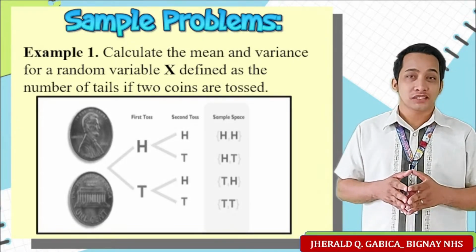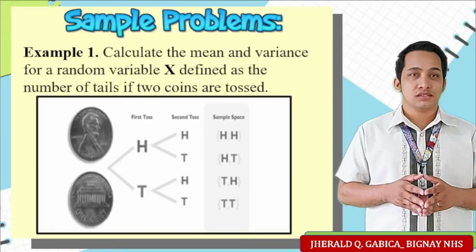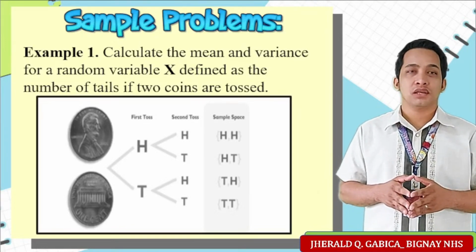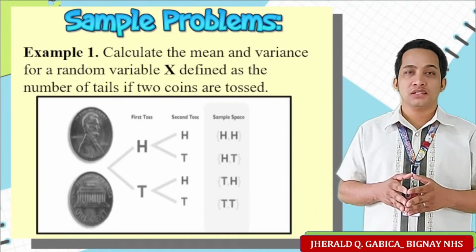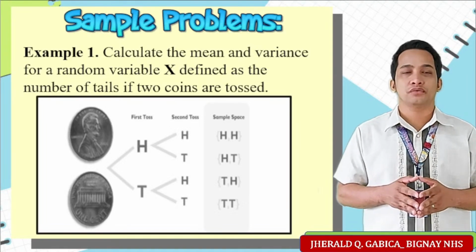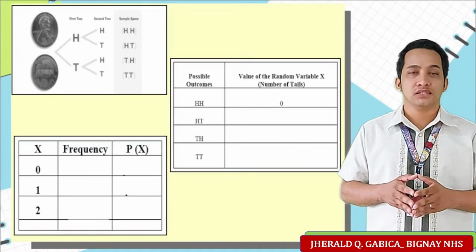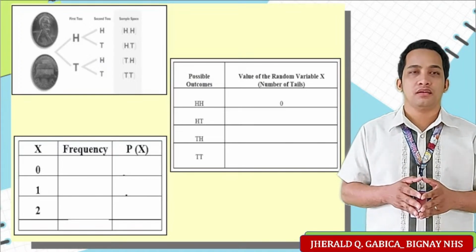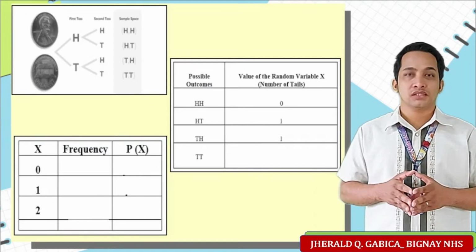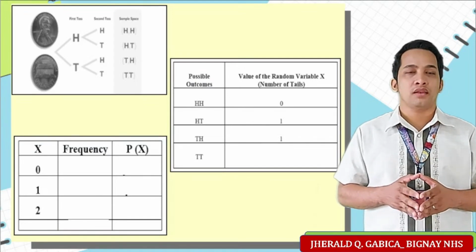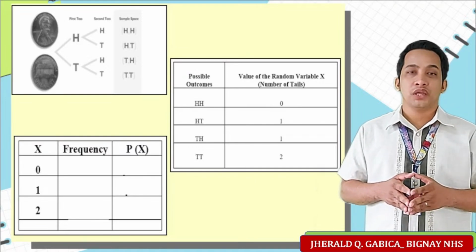And the table for possible outcomes and value of the random variable: for possible outcome H and H, the value of the random variable x, or the number of tails, is 0. For H and T, the number of tails is 1. For T and H, the number of tails is 1. And for T and T, the number of tails is 2.